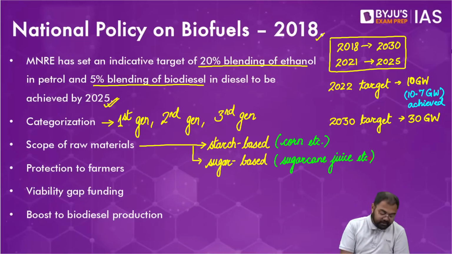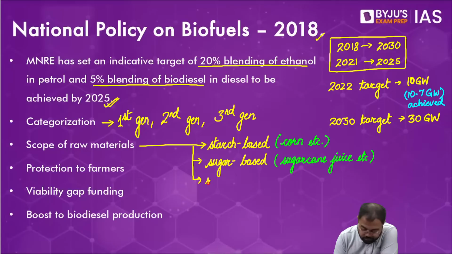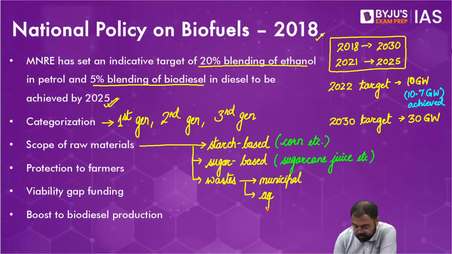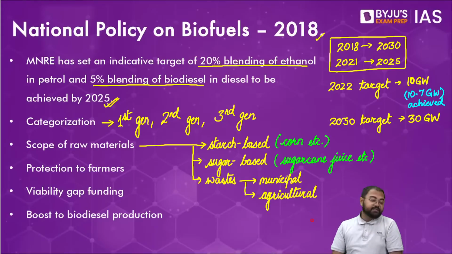Then after that, they also have defined wastes. So wastes could be of two types, obviously. One could be municipal waste, and then agricultural waste. Agricultural waste could be anything.